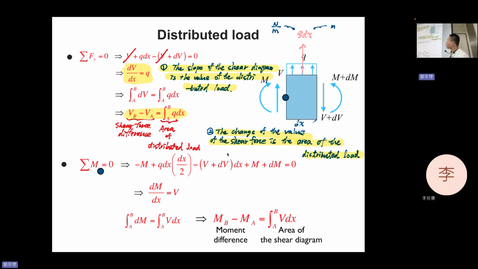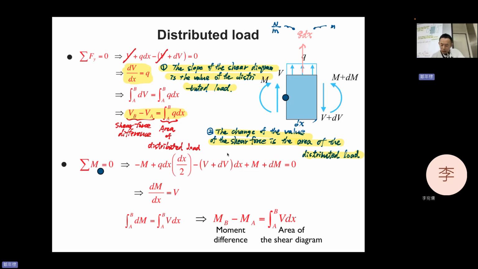Okay, this is the first one. The second one is that after you integrate, you find that the change in shear over that segment is the area of the distributed load. Okay, the change of the value of the shear force is the area of the distributed load. So there are 6 tips. I introduced 2 of them.